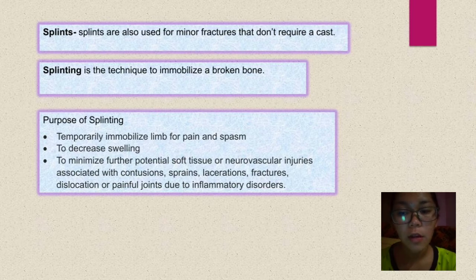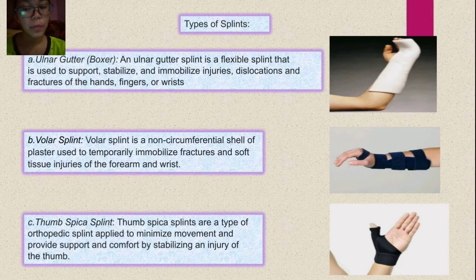The third one is to minimize further potential soft tissue or neurovascular injuries associated with contusions, sprains, lacerations, fractures, dislocation, or painful joints due to inflammatory disorders. So we have the types of splints. These are the following.